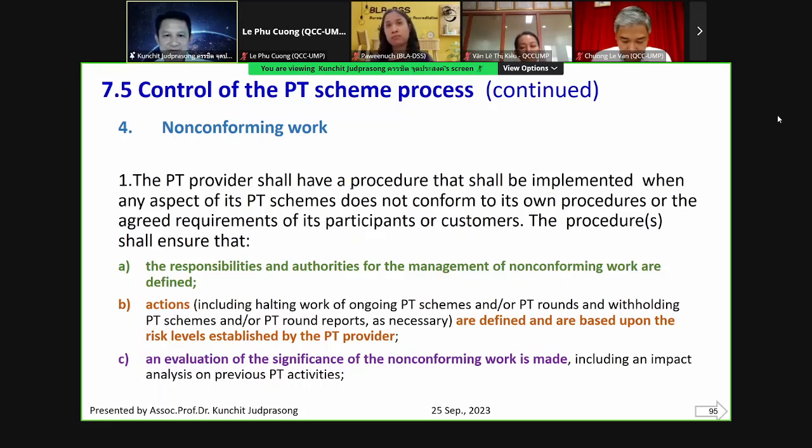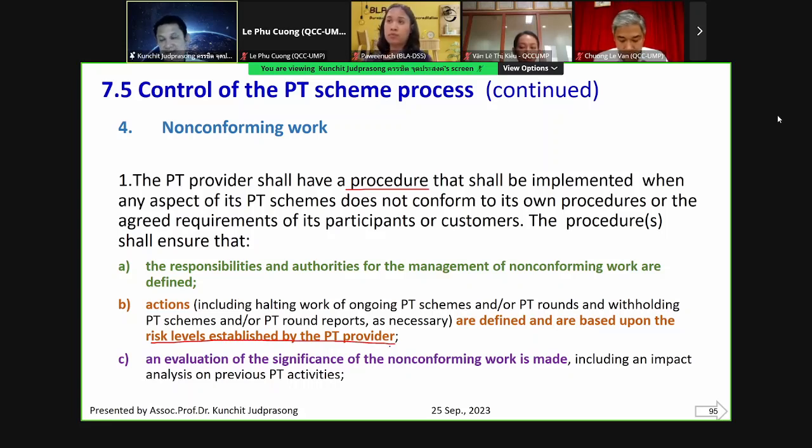So you need to have a procedure for NC, non-conforming work. This procedure shall ensure that the responsibility and authority for the management of non-conforming work are defined, and the actions are defined and based upon the risk level.